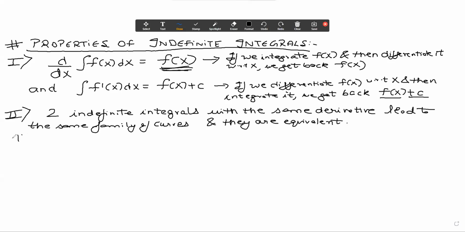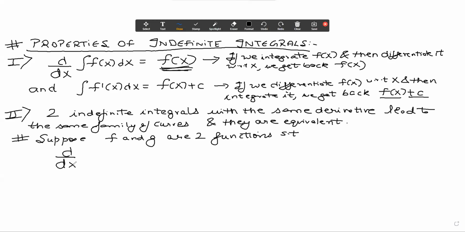Suppose f and g are two functions such that if you differentiate the integral of f of x dx, it is exactly equal to the derivative of the integral of the g function.